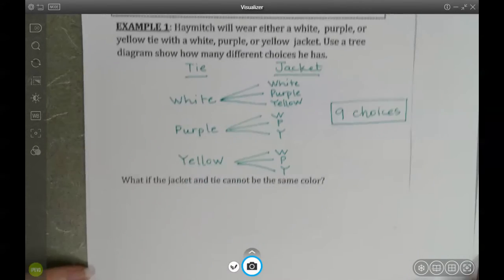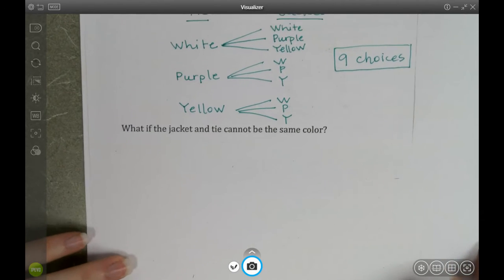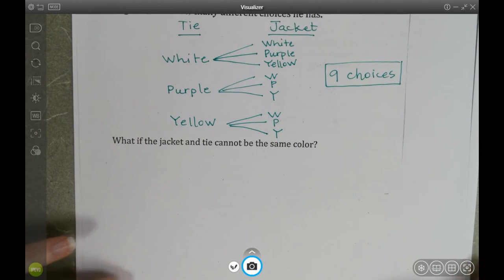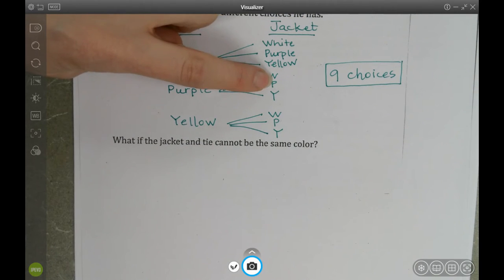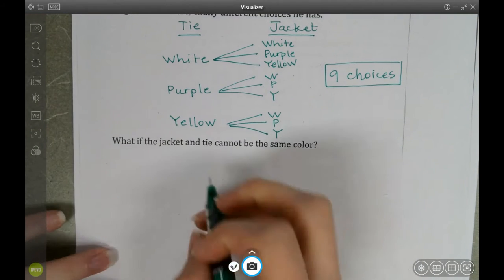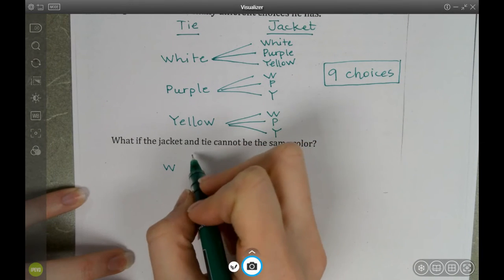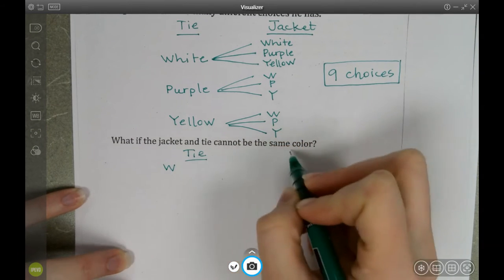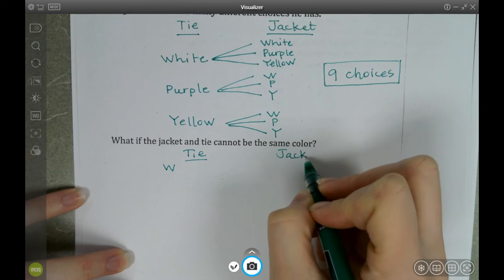Okay? What if the jacket and the tie cannot be the same color? 6 choices. Which ones are going to go away? White here, purple here, and yellow there, right? So let's make another diagram.